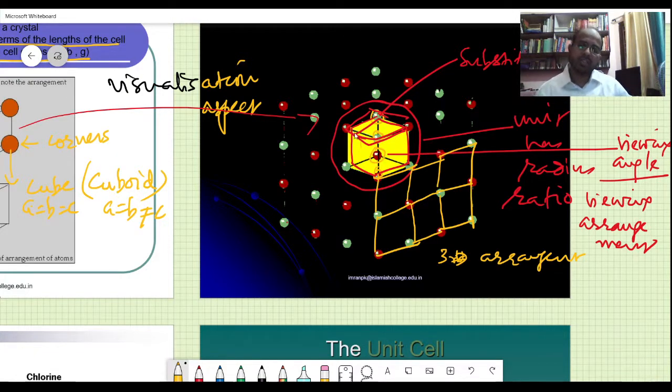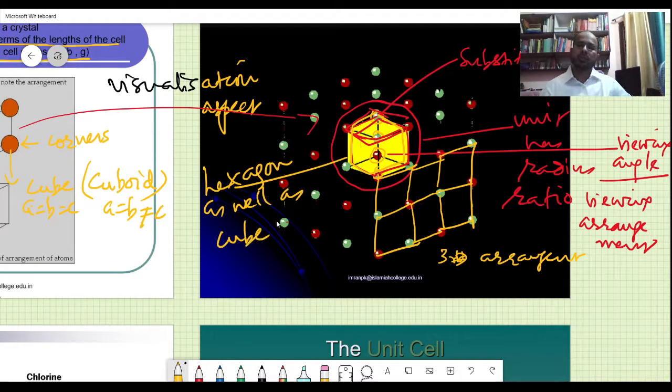Now you just see this as a hexagon also. You can see the hexagon as well as the cube. Cube in a particular arrangement, hexagon in a different arrangement. So the arrangement actually can be simulated by means of the visualization.